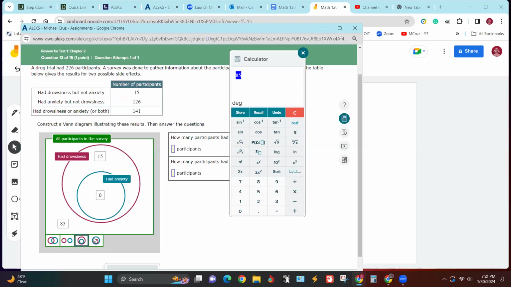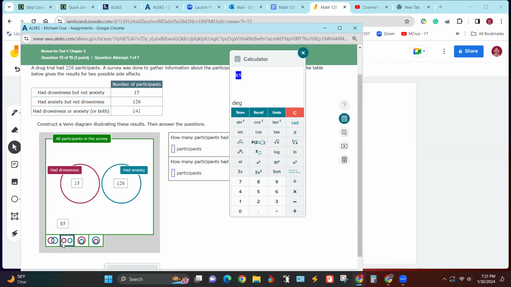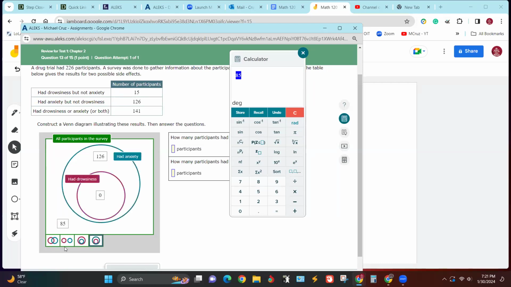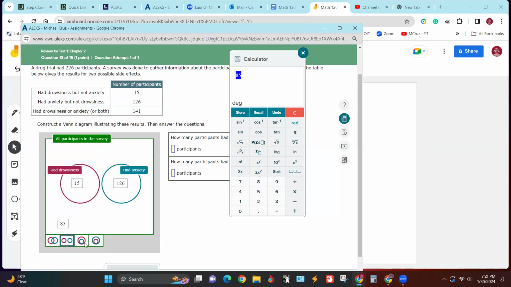If you try to do one of these other ones, it'll have a 0 in it. So you pick the one that doesn't have a 0. Each one of these has a 0 and you don't want a 0. So you write it as a set that has no intersection. And that takes care of your 0 because if there's no overlap, they're what they call a disjoint set.